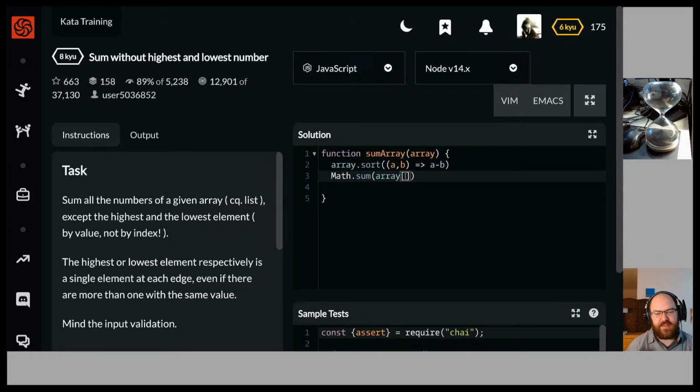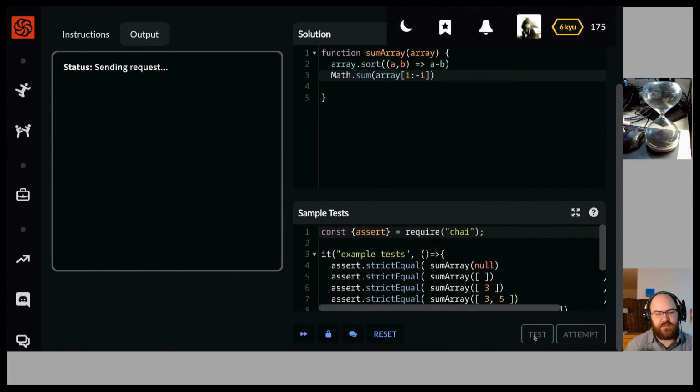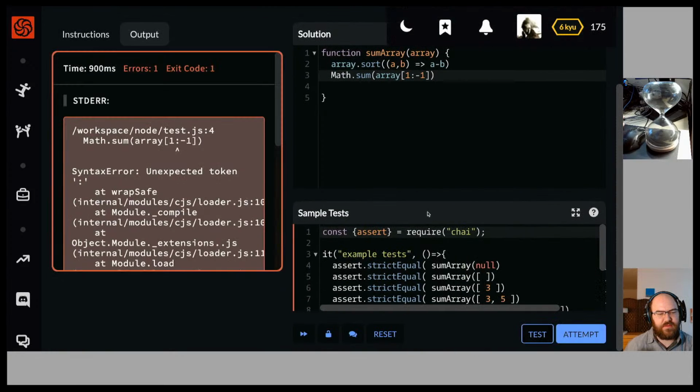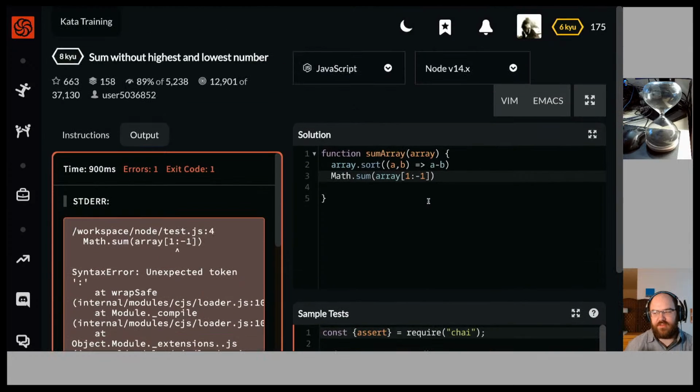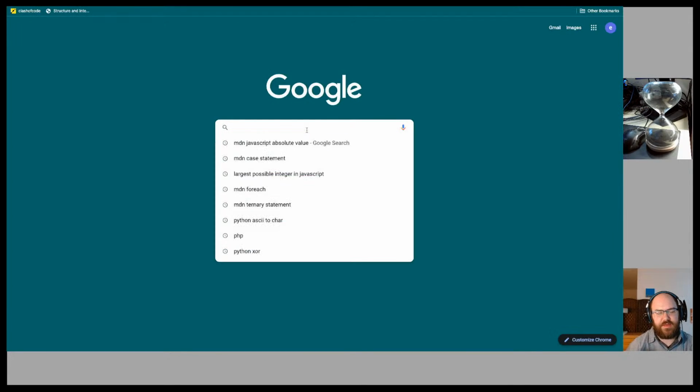And if it's anything like Python, I can go 1:(-1). So it starts at element 1 and ends at the last element, but that's exclusive of that position. So it's, yeah. Okay, I need to look up slice JavaScript MDN and slice notation.